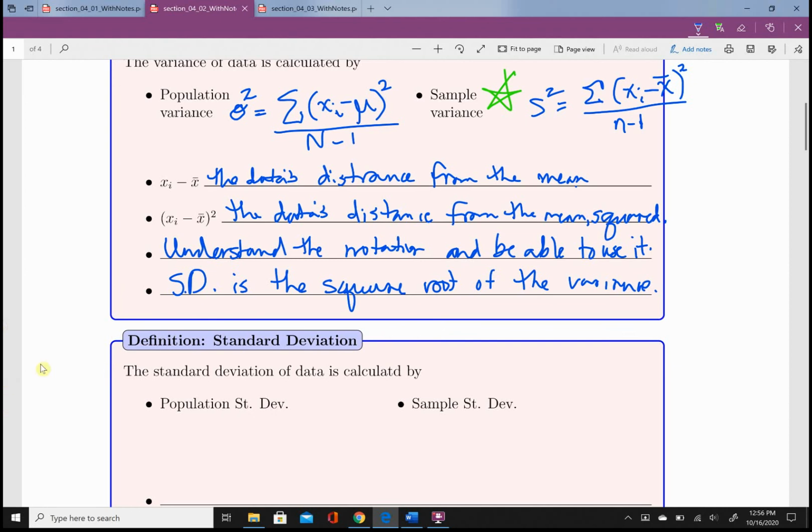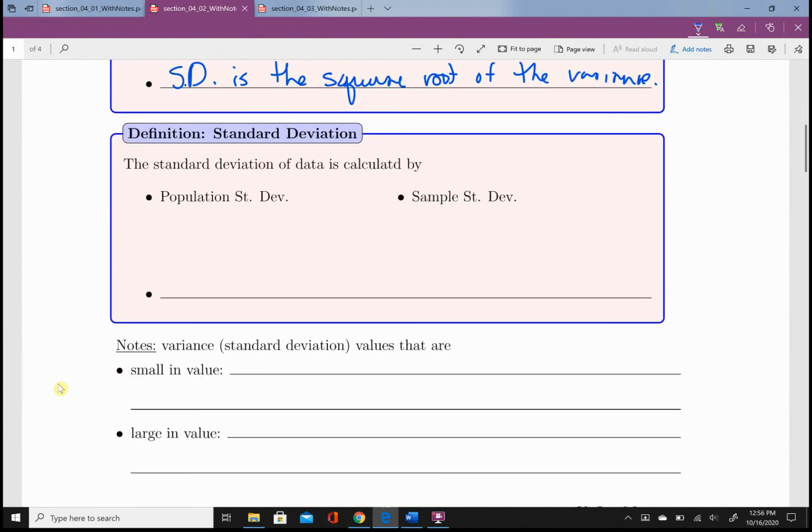Well, these values, particularly the standard deviation, are going to give us an idea of how spread out the data is. Because if the data is really spread out, it's not going to give us a very good indication that the measure of center is very representative of the data. Whereas if it has less spread, then we can be certain that the measures of center that we choose to use are good representations of the data.